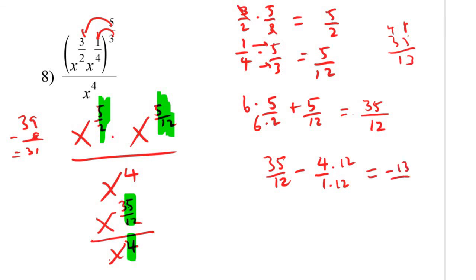Negative 13/12. So our answer will be x to the power of negative 13/12, which we can write as 1 over x to the power of 13/12.